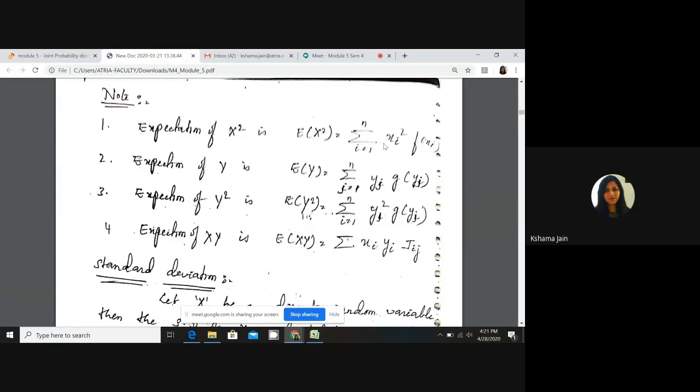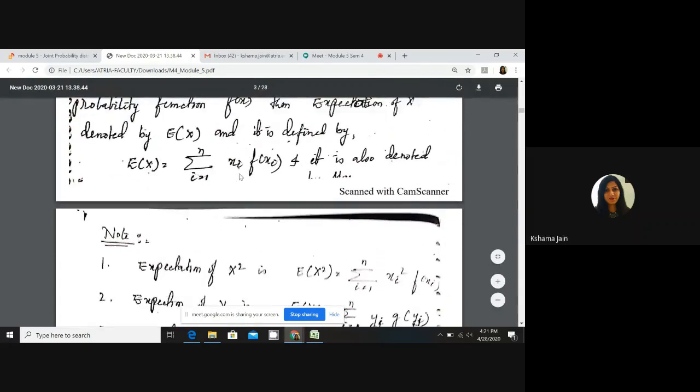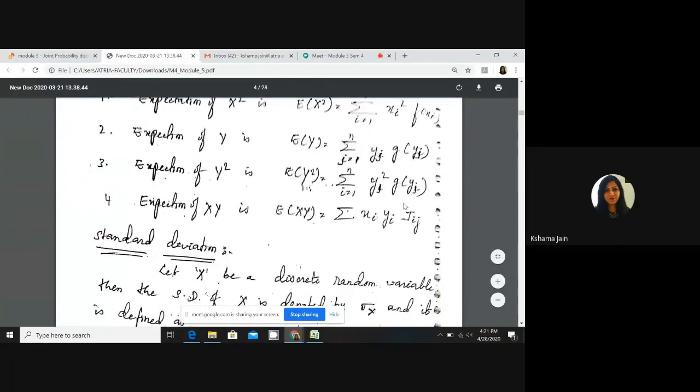If you remember the formula xi, f(xi), then xi is replaced only: for x square, x square will come, for y, y square. Same only, and the symbol G is what they have used for y. And the expectation of x into y together is the sum of xi, yi, and the joint probability distribution. So there are three formulas.